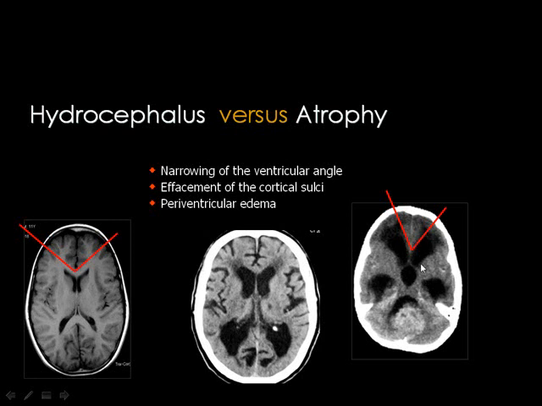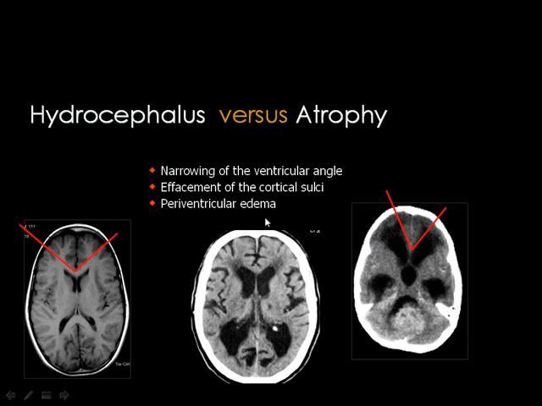It becomes more acute. Then effacement of the cortical sulci, and this is a very important issue in the discrimination between atrophy and hydrocephalus. In cases of the hydrocephalic changes, you cannot identify the cortical sulci because they are effaced, while in atrophy, you can see that the cortical sulci are also dilated. The ventricles are dilated and the cortical sulci are dilated.